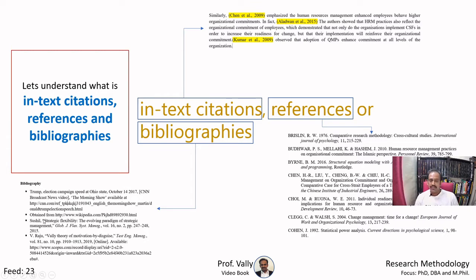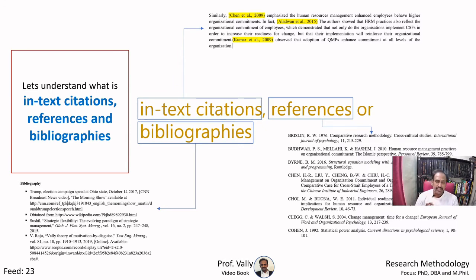And the second is obtained from wikipedia.com. So this can't be in your in-text. A bibliography doesn't need to match its in-text, but references should match in-text. So I believe you get this point. In-text and reference should match. In-text and bibliography need not match. It can match, but it is not mandatory.